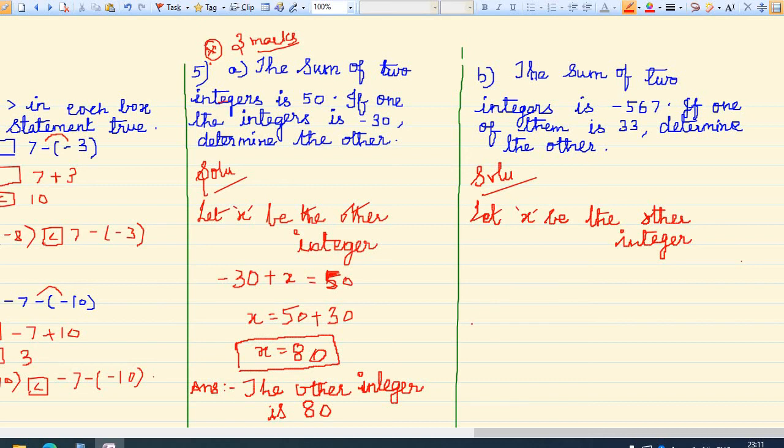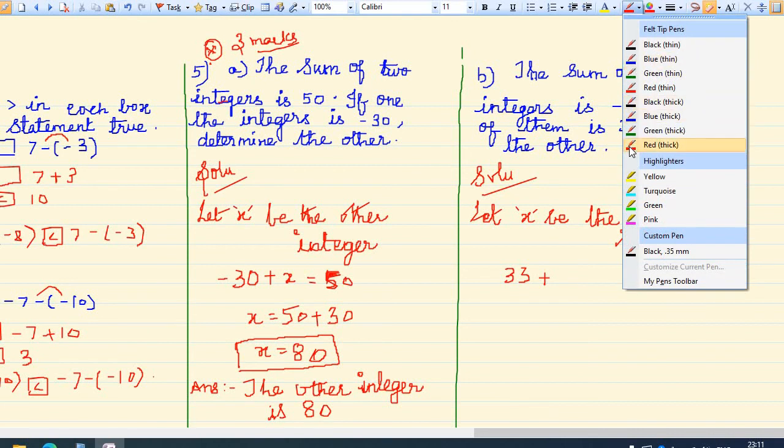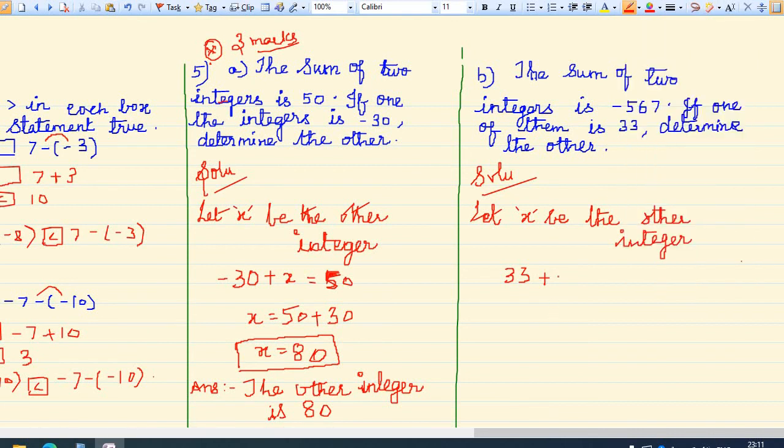Just I have to frame the equation. 33 plus x is equal to minus 567.